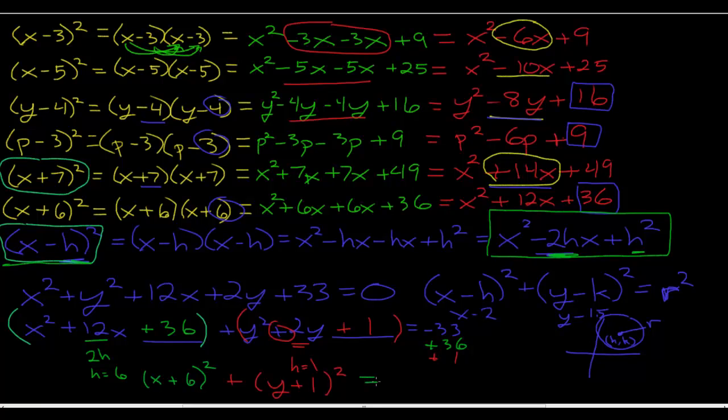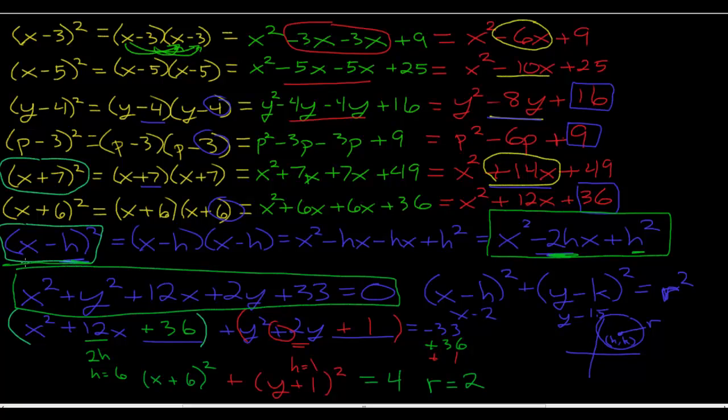And then on the right-hand side, what do we have? We've got 36, 1, minus 33, so that's just a positive 4. Well, that was nice, because now, what does r have to equal? 2. So this whole equation, which came from this original one, does in fact represent a circle.